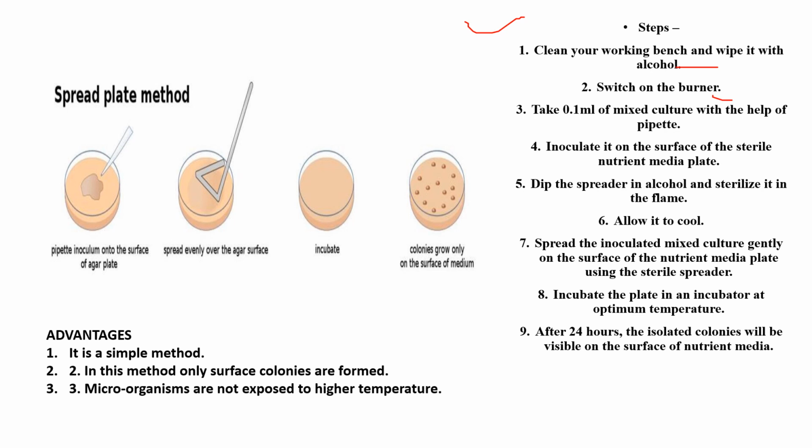Dip the spreader in alcohol and sterilize that spreader in the flame. Later on, we will allow it to cool and spread the inoculated culture using glass spreader, as you can see in this picture. After this spreading, we will incubate the culture plate at optimum temperature for 24 to 48 hours.